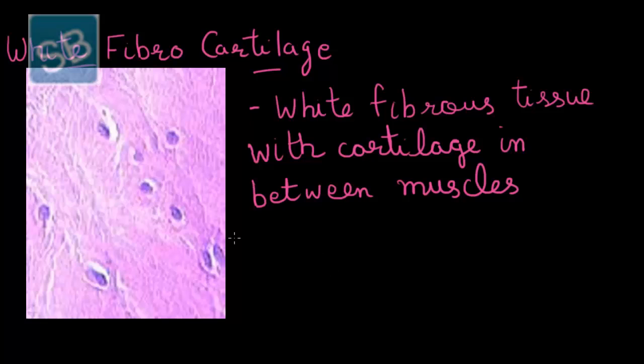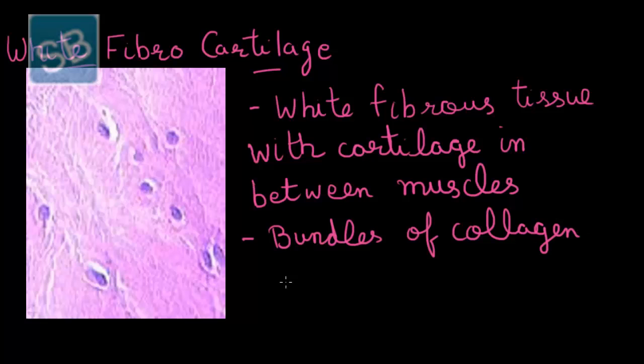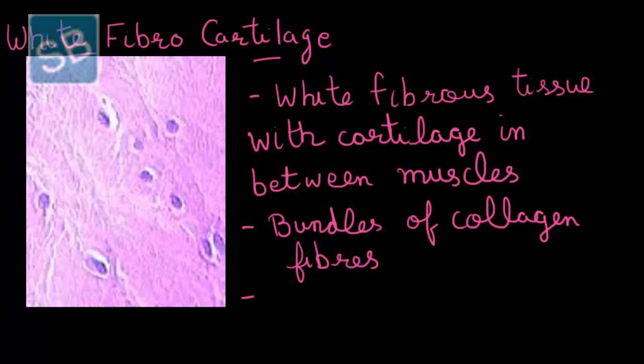These cells are bundles of collagen fibers. Here, the chondrocyte cells or the cartilage cells are usually ovoid in shape, surrounded by matrix.